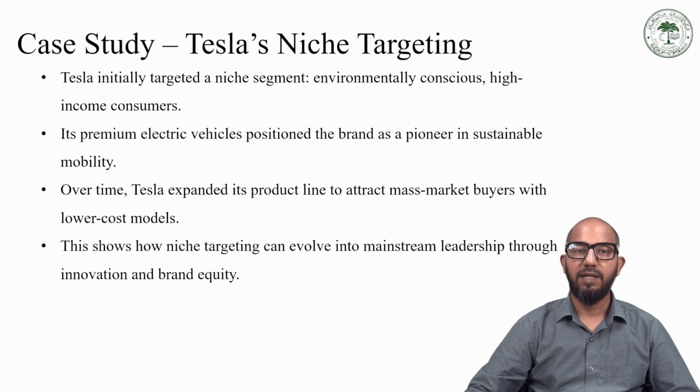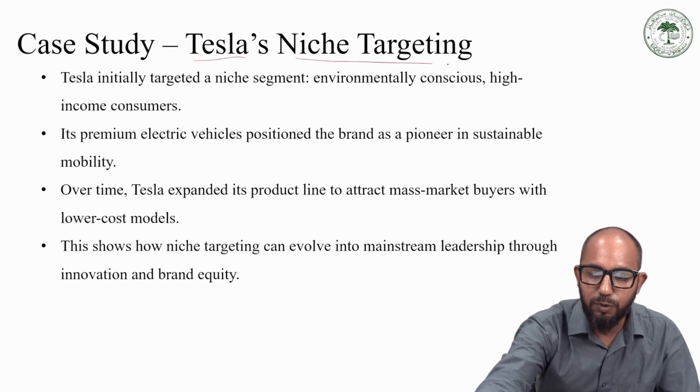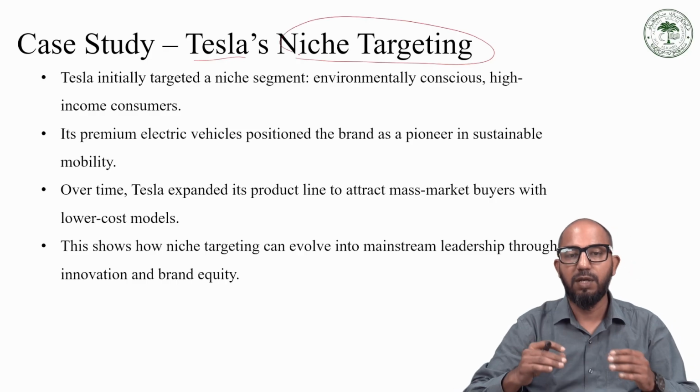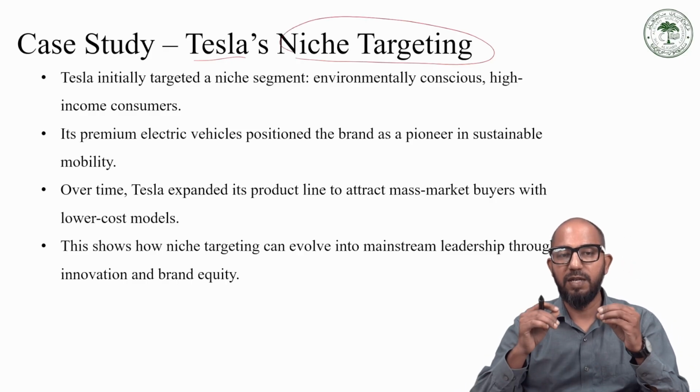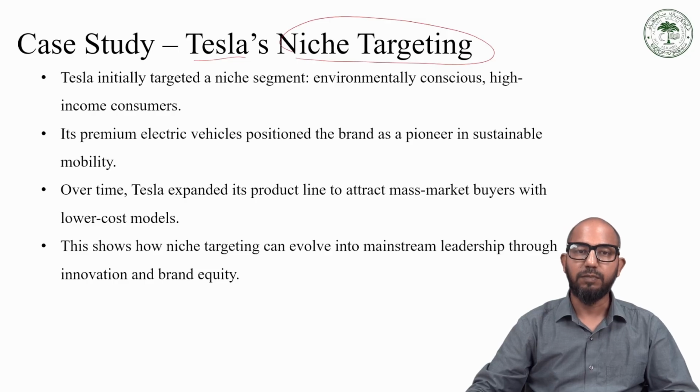Let us take another case study that is related to Tesla's niche marketing, where they are targeting people who are very less in number but they are of higher income group. Tesla initially targeted a niche segment, that is, environmentally conscious and high income consumers.